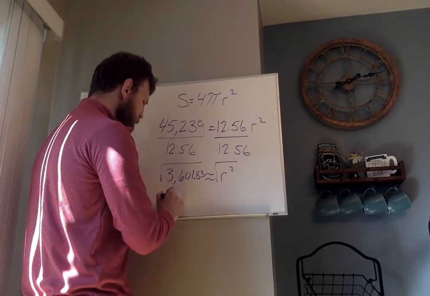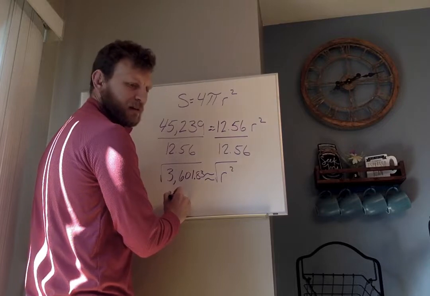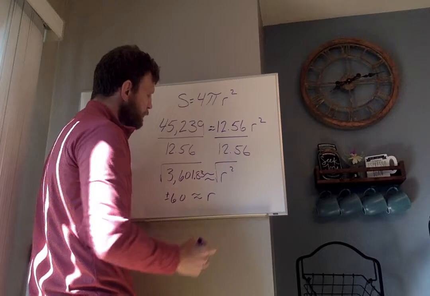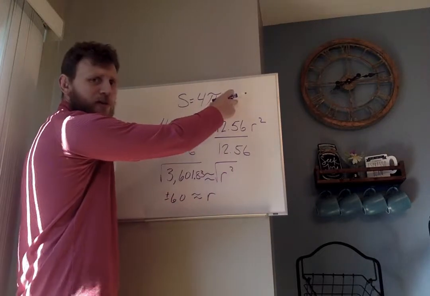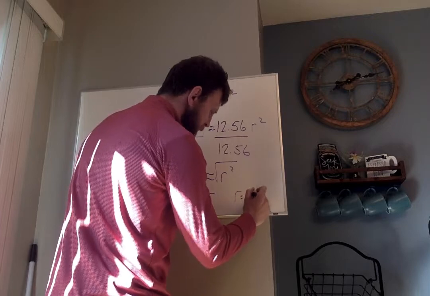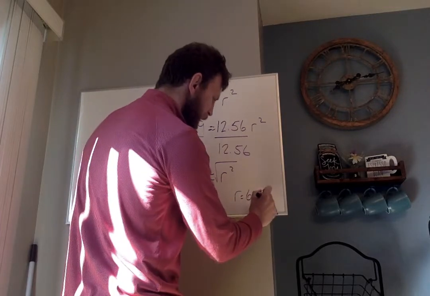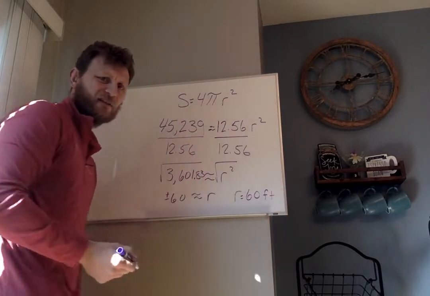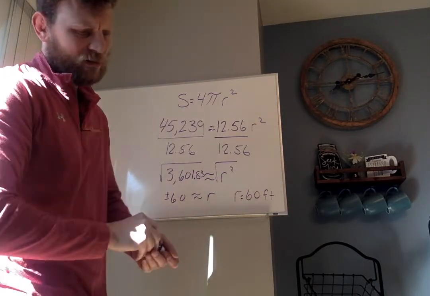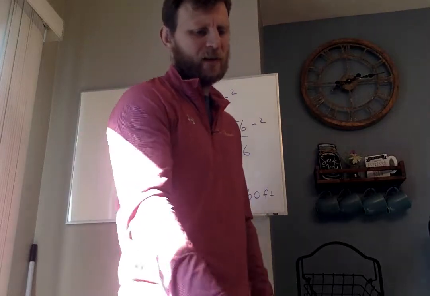So I'm going to get plus or minus about 60. Now, I told you I have 2 answers because that was a 2 up there, but my answer is really only 60, and it was feet. Why is it only 60? Because you can't have a negative distance. So my diameter would be 120 because 2 times my radius is 120.